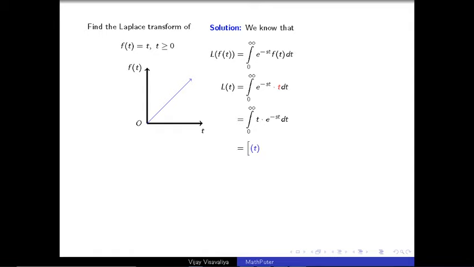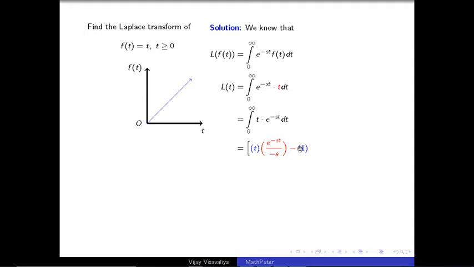So let us see. We keep u as it is, and then we integrate e raised to minus st with respect to t. So it will be e raised to minus st upon minus s. Then we take the opposite sign. We started with positive, then its opposite is negative. Now we differentiate this function.